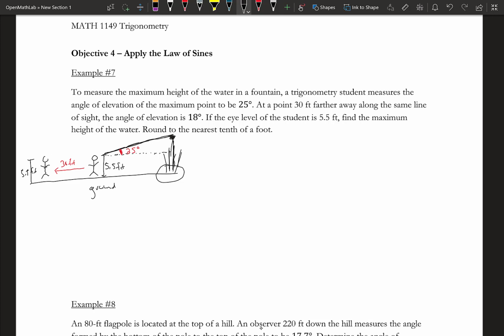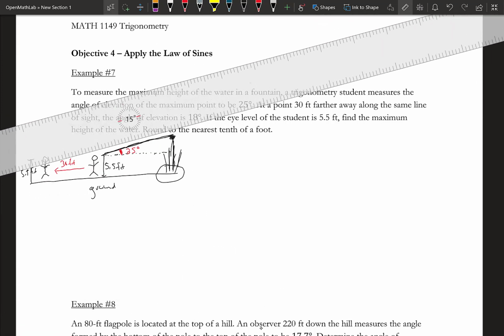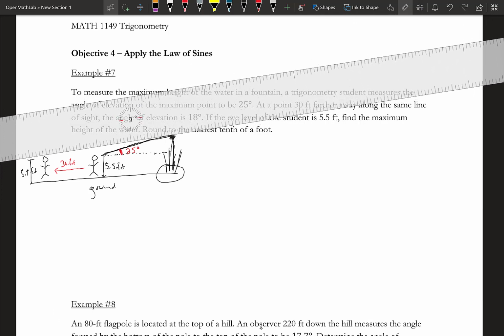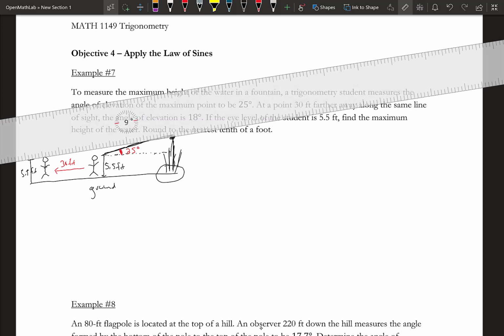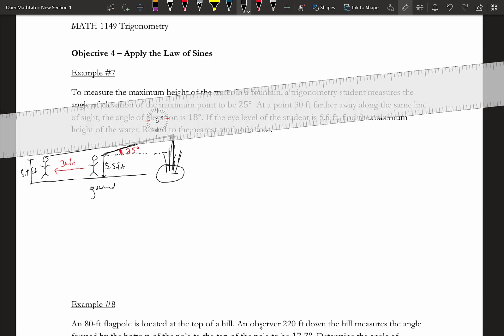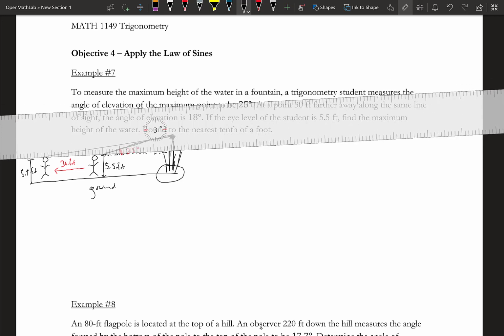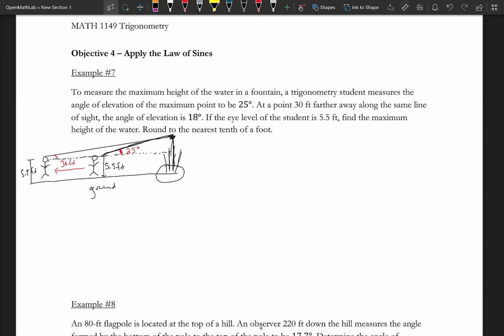Right, that's probably pretty good. And then if we bring this over, we just have a new angle of elevation, which is 18 degrees.